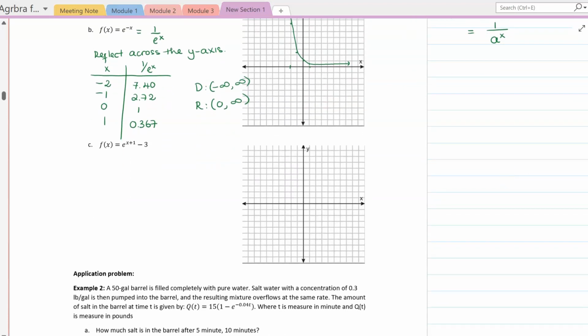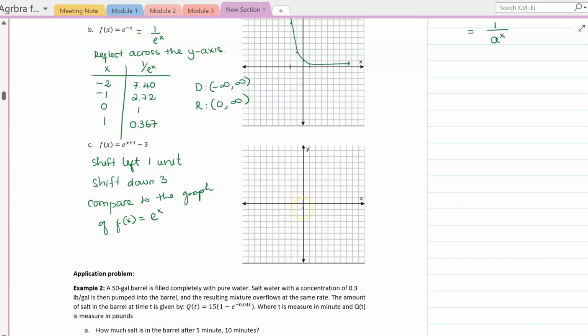So let's take a look at the next graph. Here we compare the graph with e^x. Here we have shifted to the left by 1 and shifted down by 3 compared to the graph of f(x) = e^x.